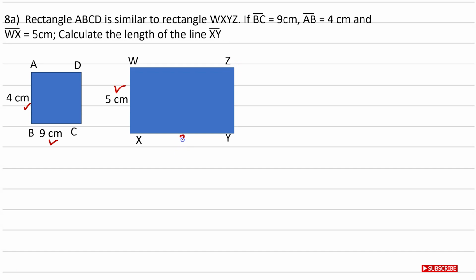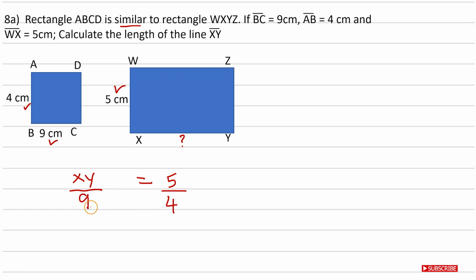So we want this one here. Right, so what can we do? Well, these are similar shapes, so that means the ratio of their corresponding sides is equal. What does that mean? If I do this side, XY, divided by 9, that's going to be equal to this side, 5 divided by 4.